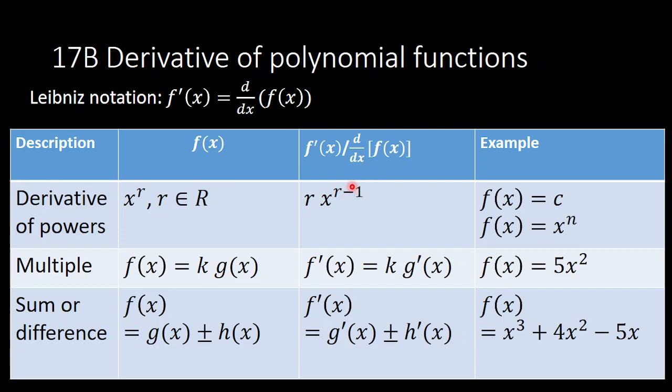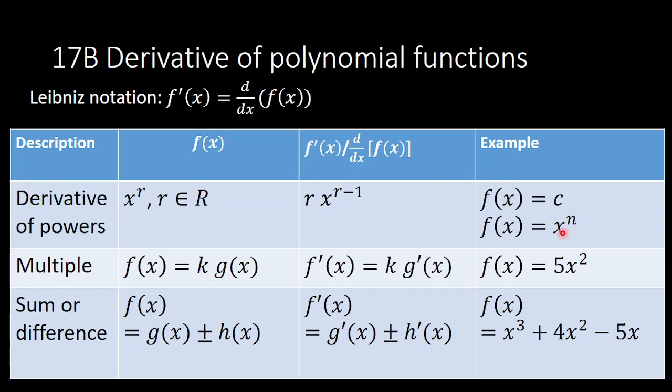Okay? Now that will work if the power is 0. If the power is 0, when you multiply by 0, that gives you 0. Therefore, the derivative of a constant is going to be 0. That's what we saw in the last slide.